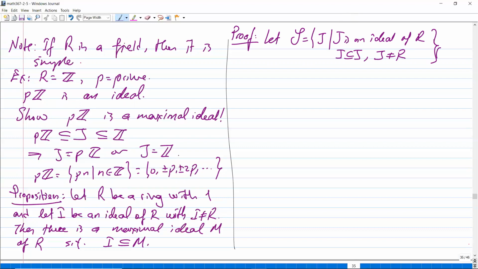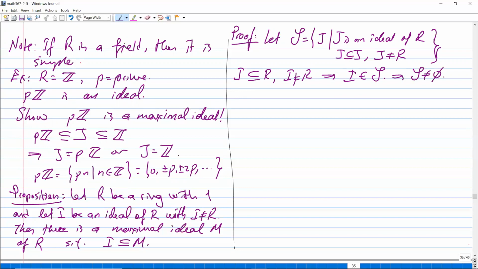Since I is an ideal of R, it is inside R, and I is not equal to R. So by the very definition of S, this I is an element of S, so that S is not empty.